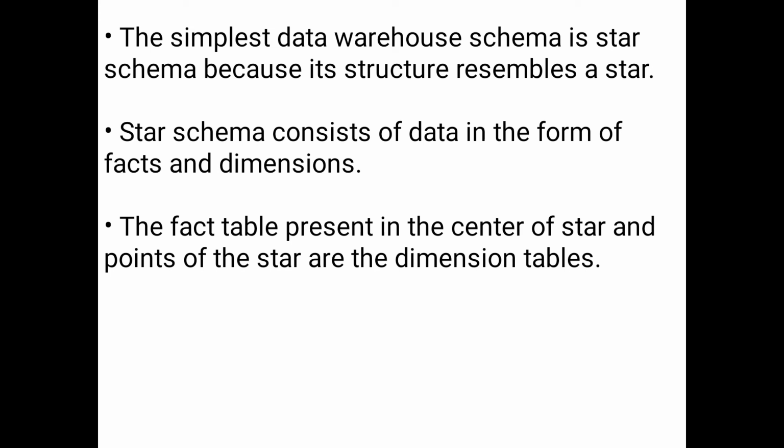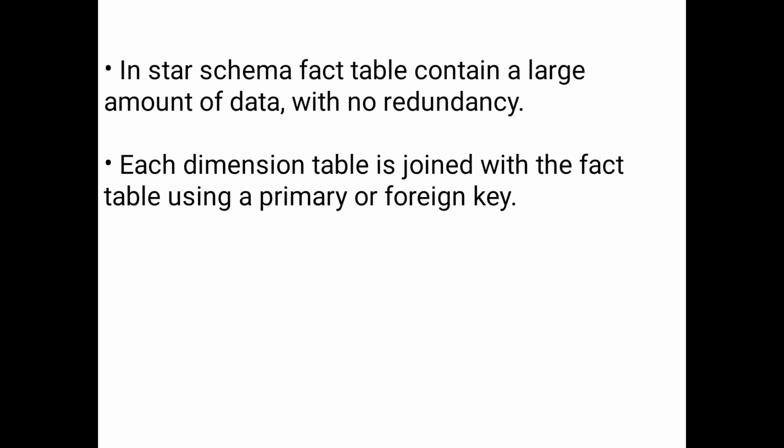The fact table is present in the center of the star and the points of the star are the dimension tables. In star schema, the fact table contains a large amount of data with no redundancy. Each dimension table is joined with the fact table using a primary or foreign key.